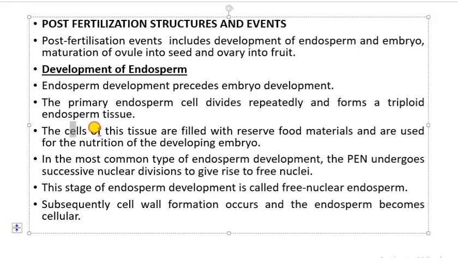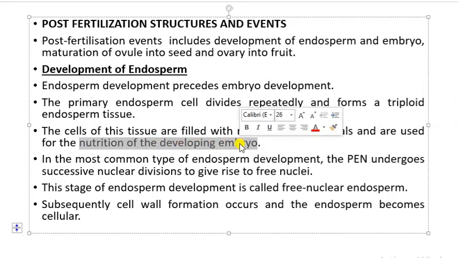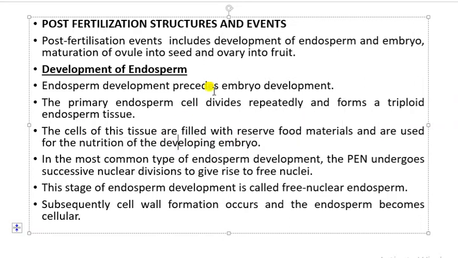This tissue contains cells which are filled with reserve food materials, and they provide nourishment to the developing embryo, and that is why the endosperm development precedes the embryo development, so that sufficient amount of nutrition can be provided to the developing embryo.